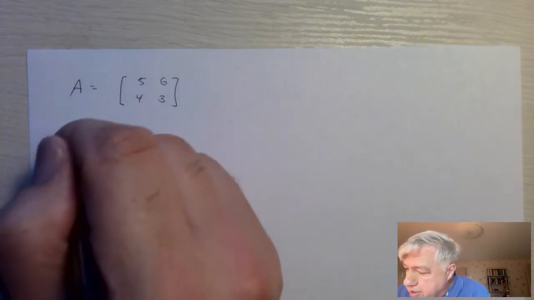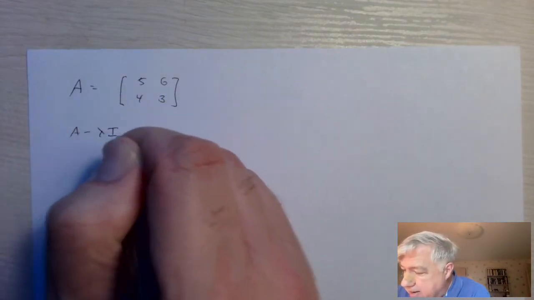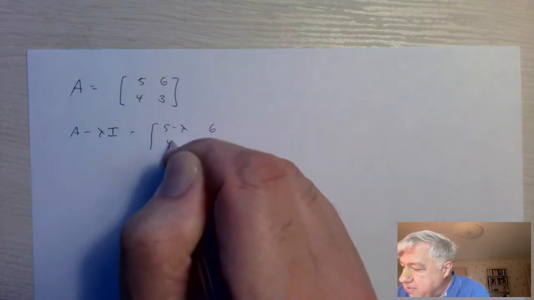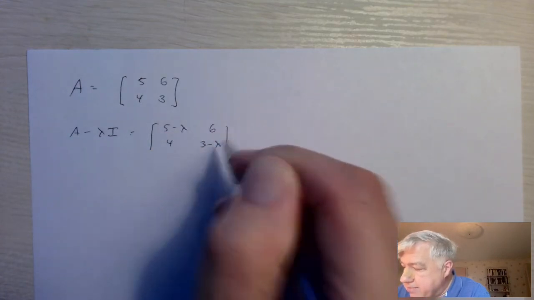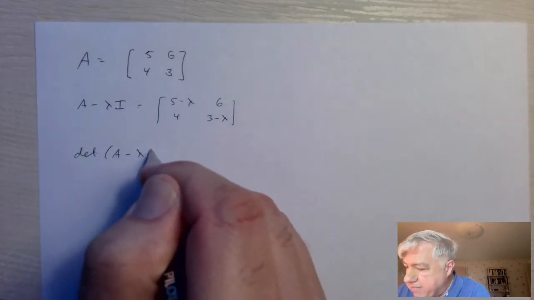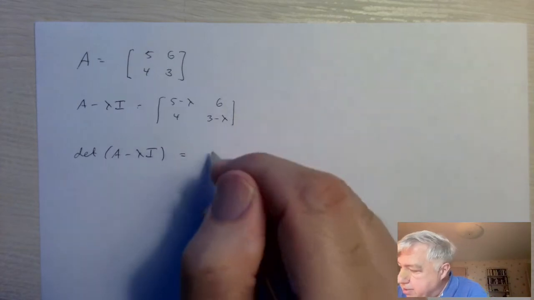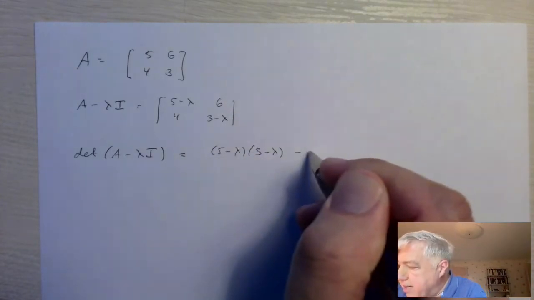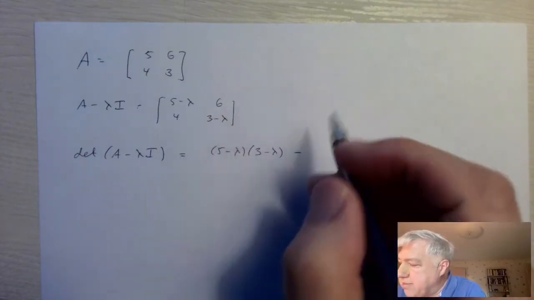A minus lambda I is going to be 5 minus lambda, 6, 4, 3 minus lambda. So the determinant of A minus lambda I is going to be 5 minus lambda times 3 minus lambda, minus 6 times 4, that's 24.